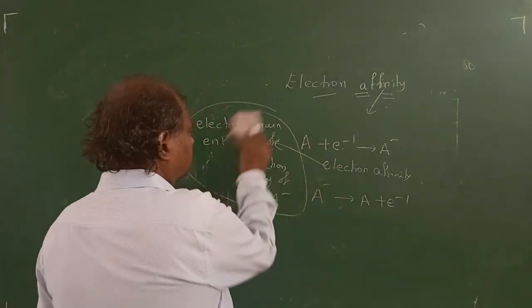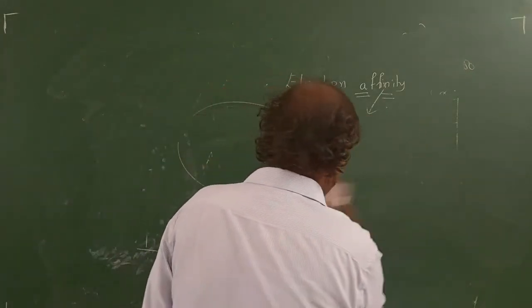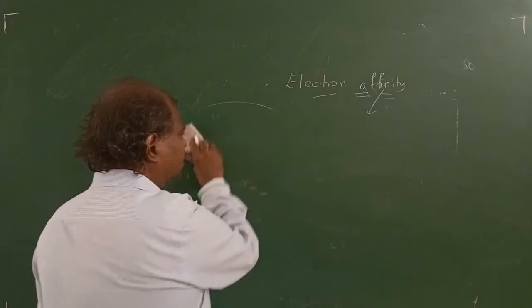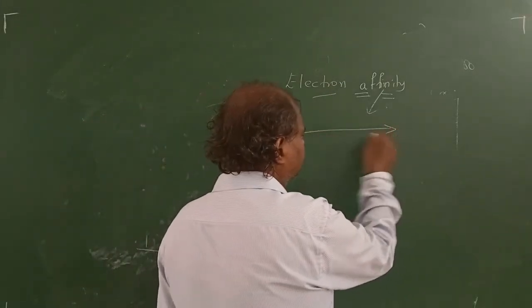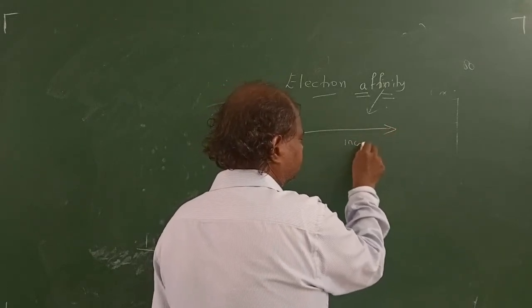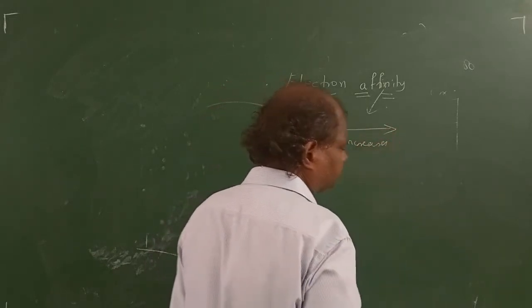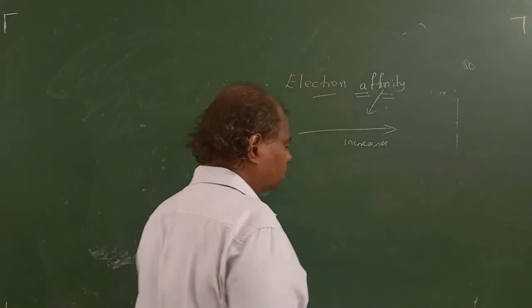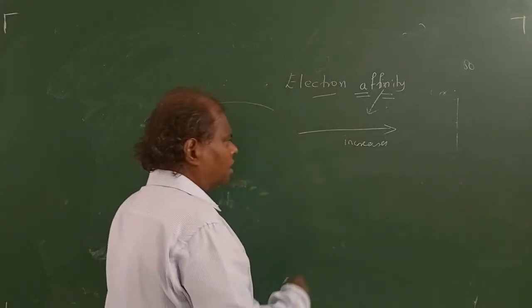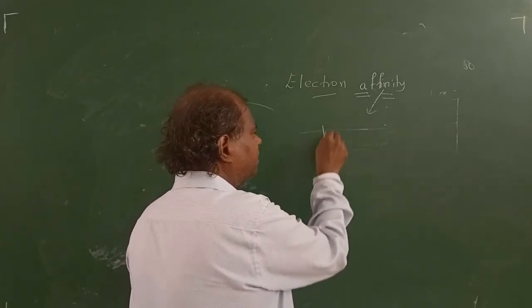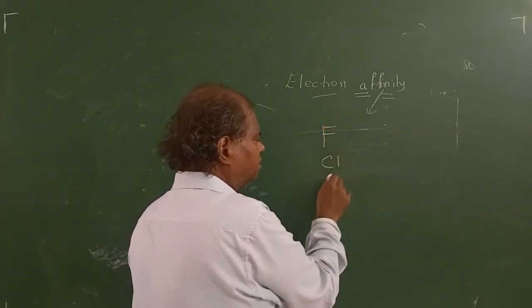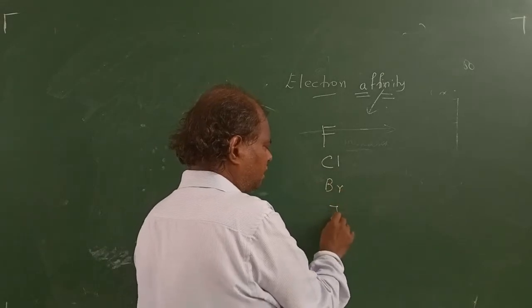Okay, fine, students. Now let us see the exceptions, where all the exceptions will come. I told you across the period it increases, and down the group, let us take some examples: fluorine, chlorine, bromine, iodine.